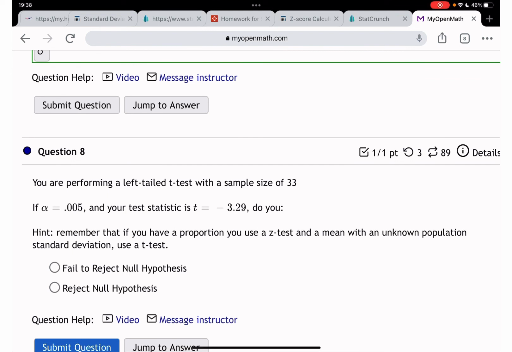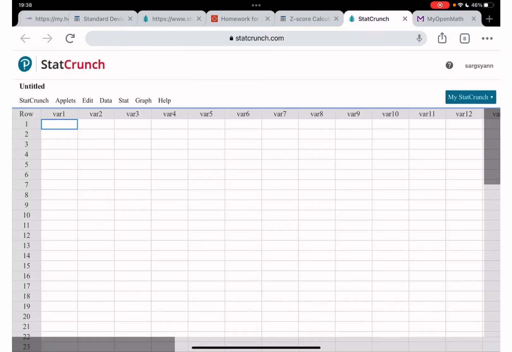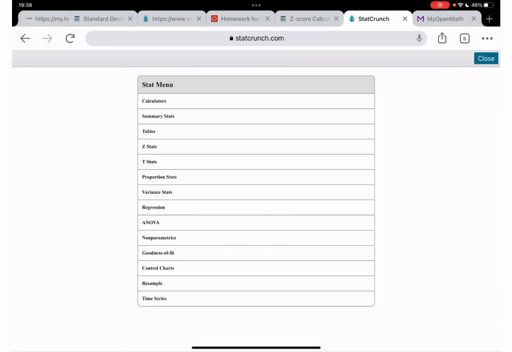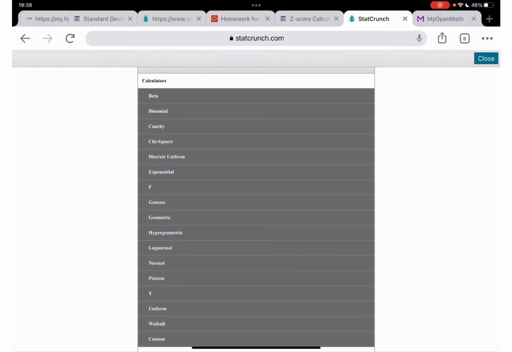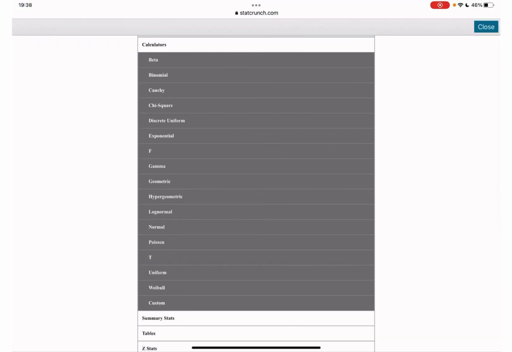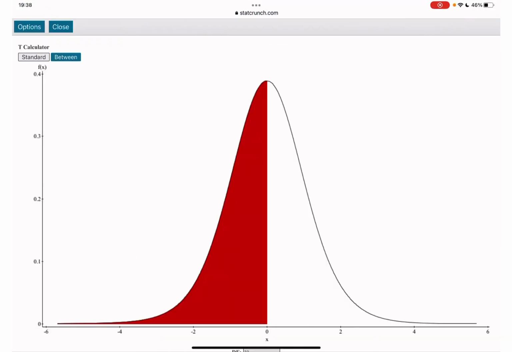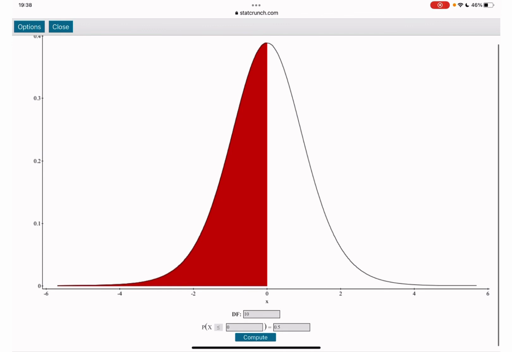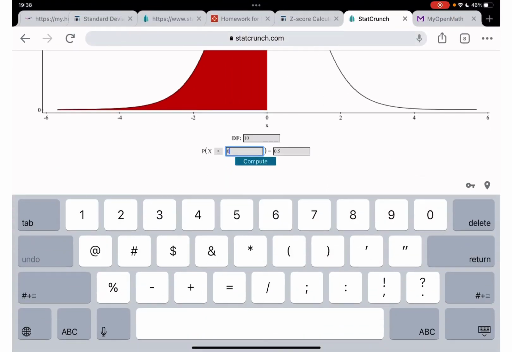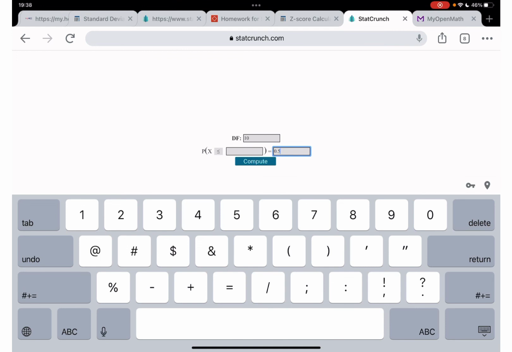Okay, so for the T-score, we can do it on our StatCrunch. So clicking Stat, Calculators, and taking our T. There we go. Since we don't know the critical value, we're cleaning, but we know our alpha is 0.005, I believe, two zeros.